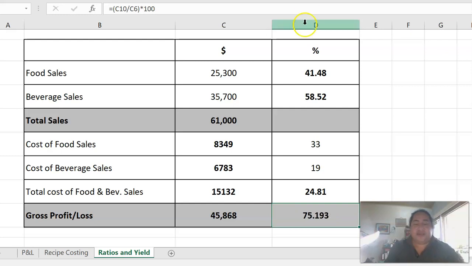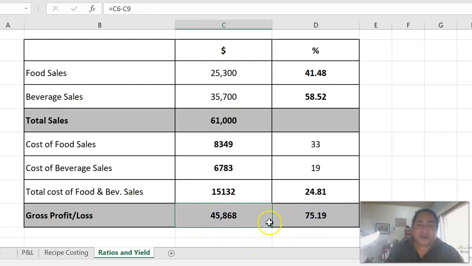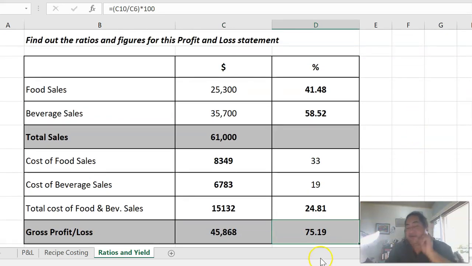So we can say here that the gross profit is 71.19% of the total sales, what you made as a gross. So that's quite a lot of gross that you made for that particular function or month. All right, so that's the profit and loss statement.